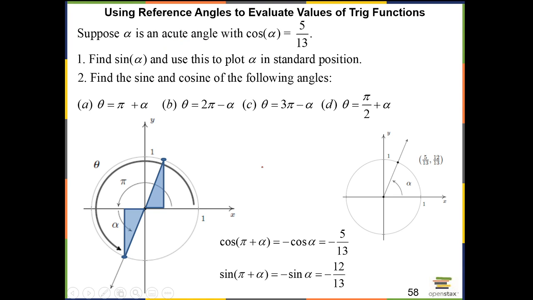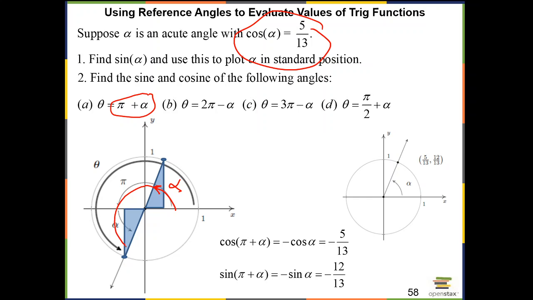Now, number 2, part A says, if you know cosine of alpha equals that, find cosine of this. Well, that's pi plus alpha. So if this is alpha, right here, and you add pi to it, pi is 180.